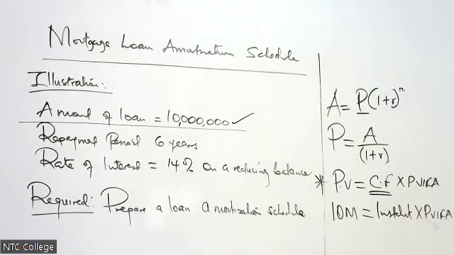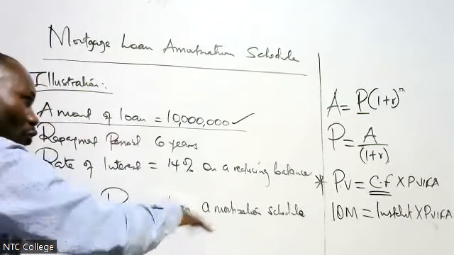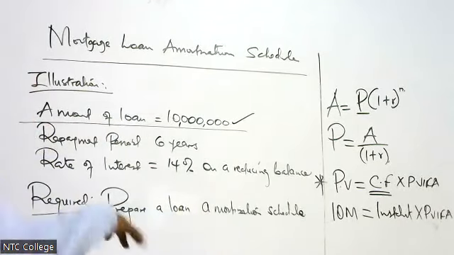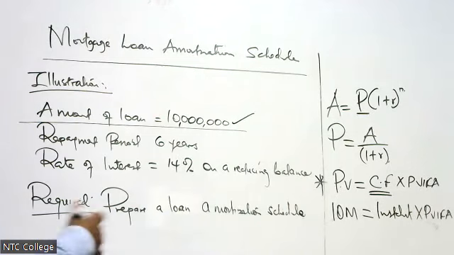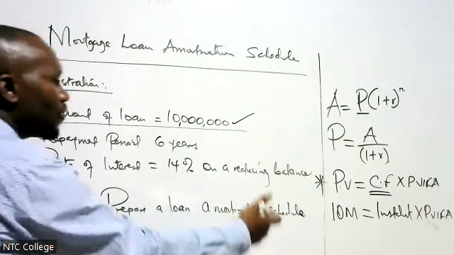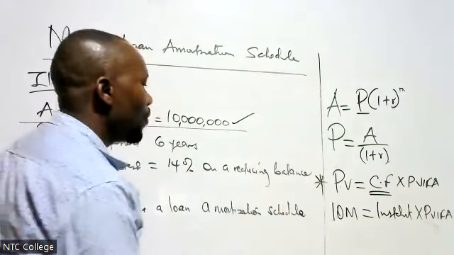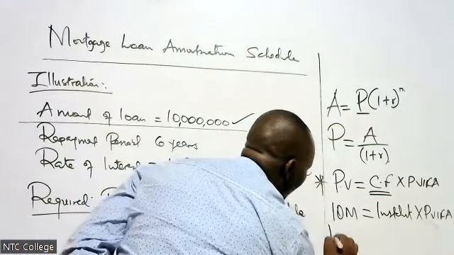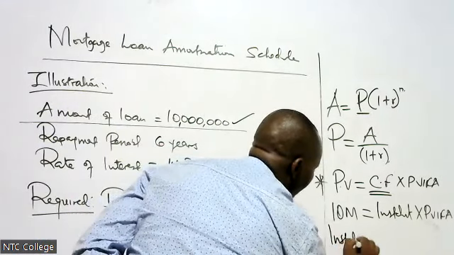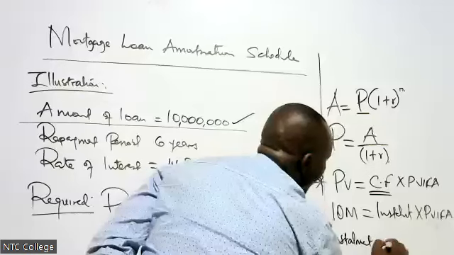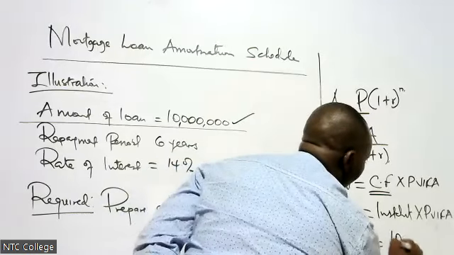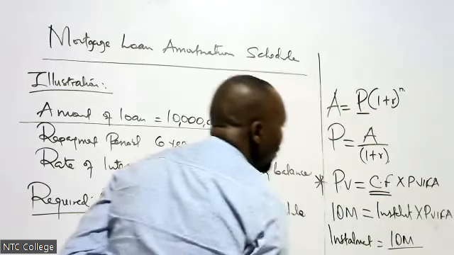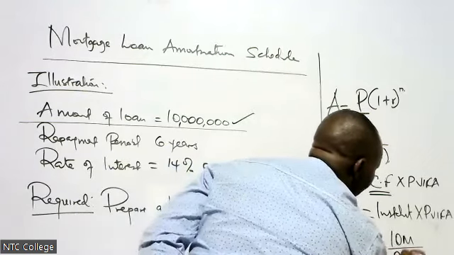Therefore, you can easily work with the present value, because this is the present amount of loan that we're taking today. We can now make installment the subject of the formula, so that installment is equal to 10 million, which is our present value, all over PV.